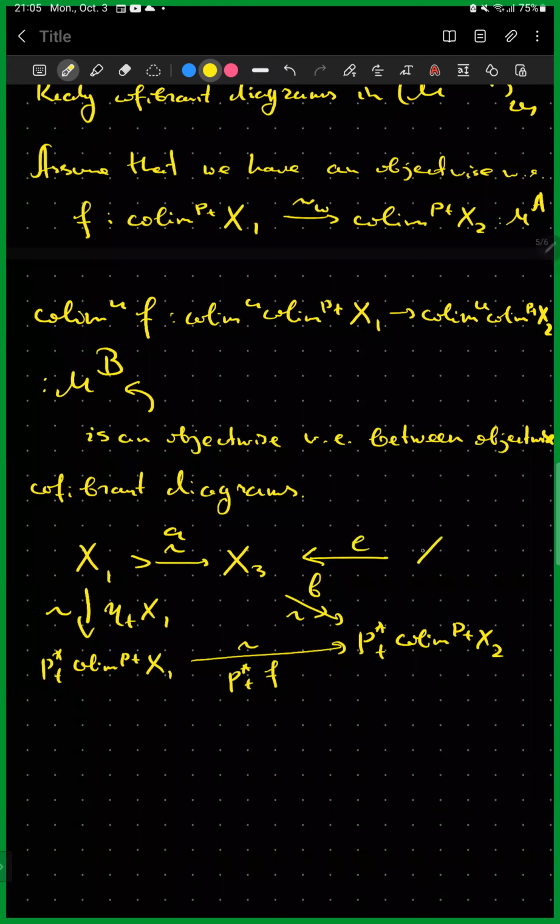And also here we have a map from X2 and another weak equivalence, which comes from the existence of a natural equivalence, the composition of the upper star T equaling PT.